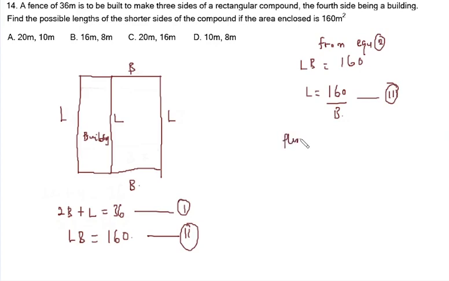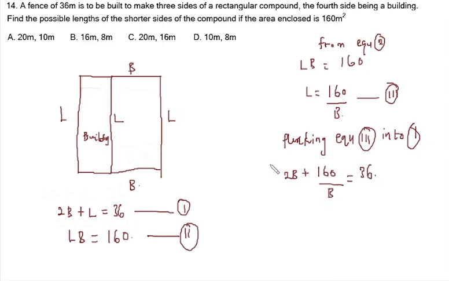Then we are plugging equation 3 into 1. From there we have 2B plus the value of L, 160 over B, is equal to 36.